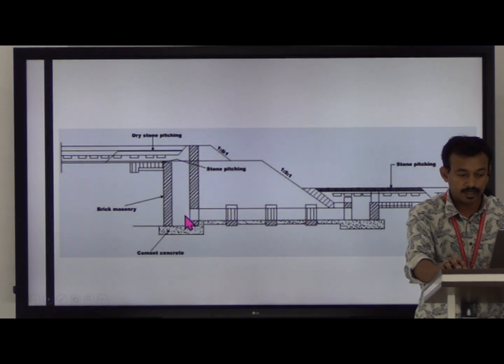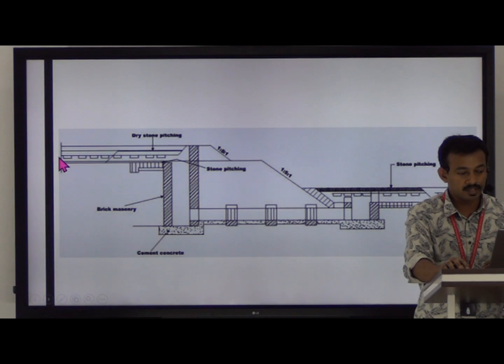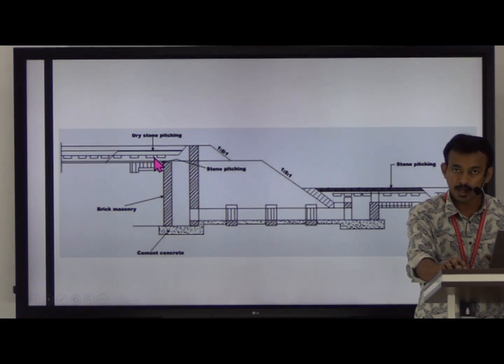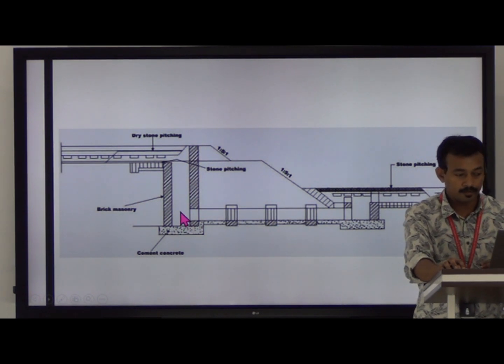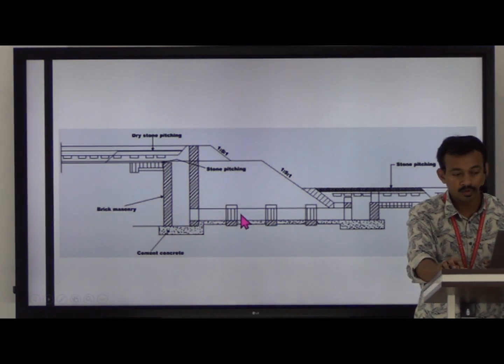This is the inlet well and this is called the outlet well. When water is coming from the upstream direction through the upstream canal, first the water will fall into the inlet well. From the inlet well, the water will pass through the pipe and reach the outlet well. From the outlet well, it will pass to the downstream canal.